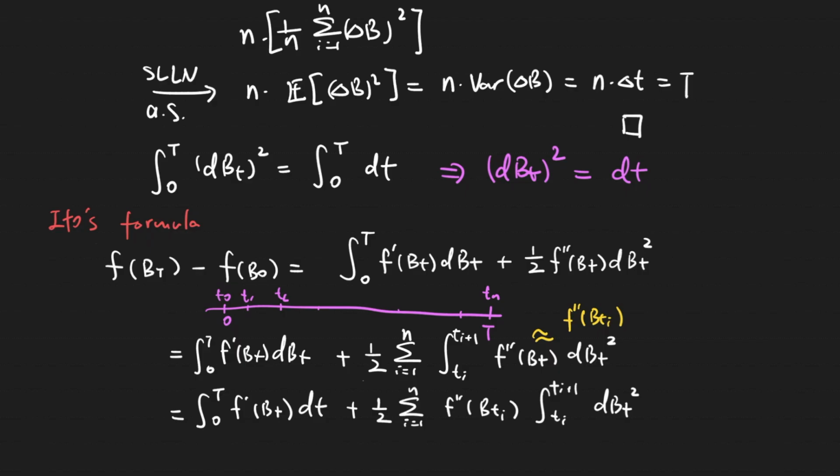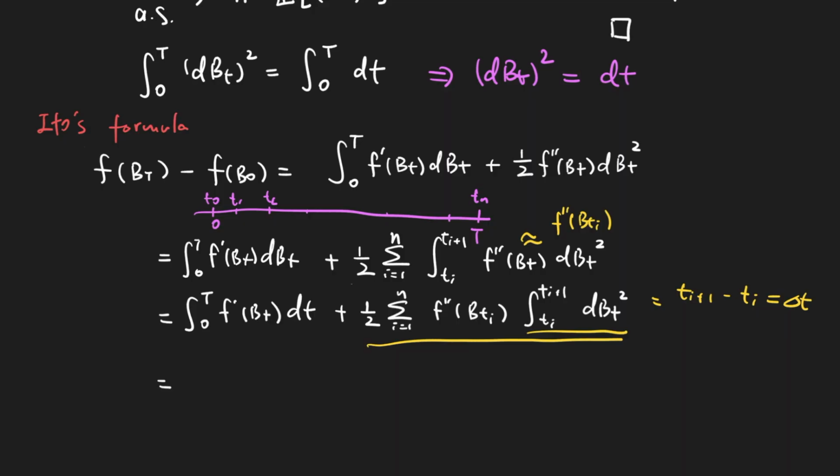Now we can apply the quadratic variation. So this integral is basically just t_{i+1} minus t_i, that equals delta t. And then this entire thing just becomes another integral.